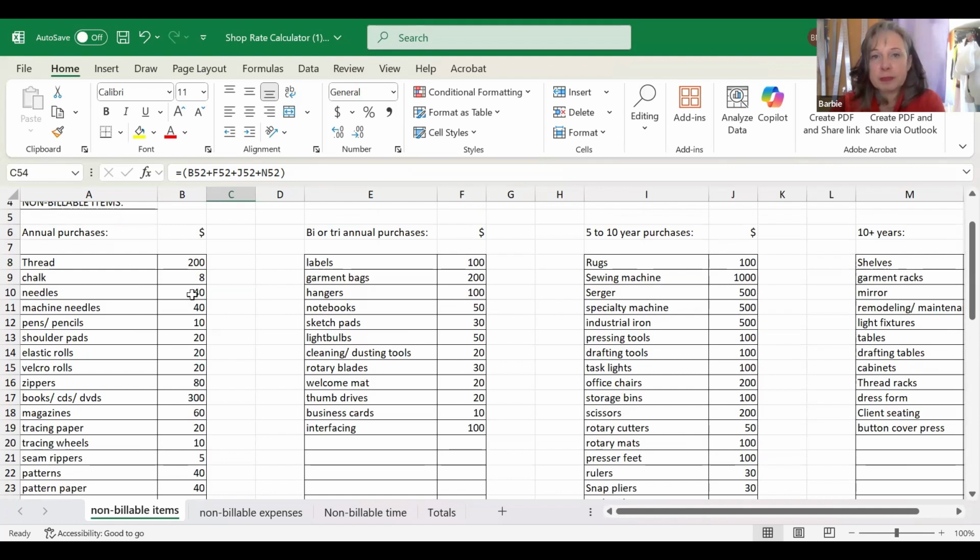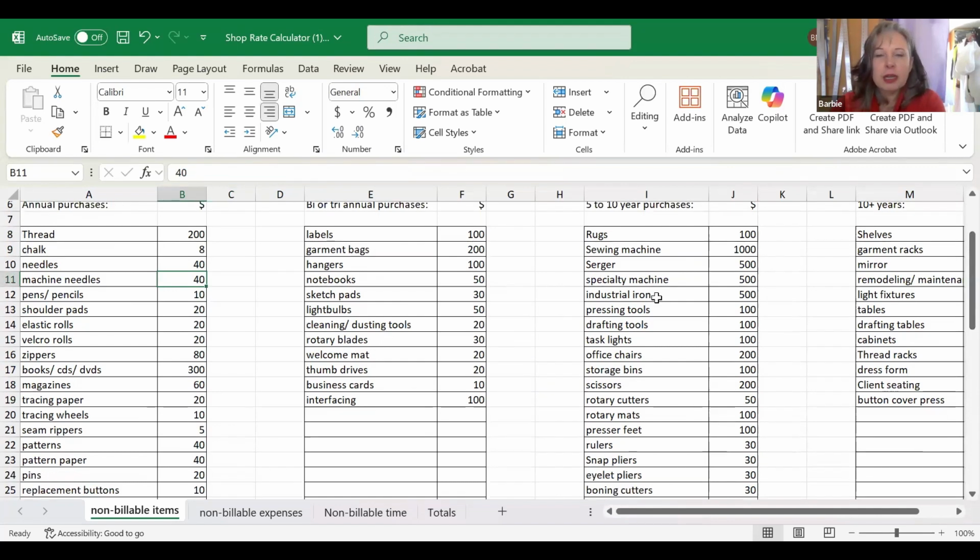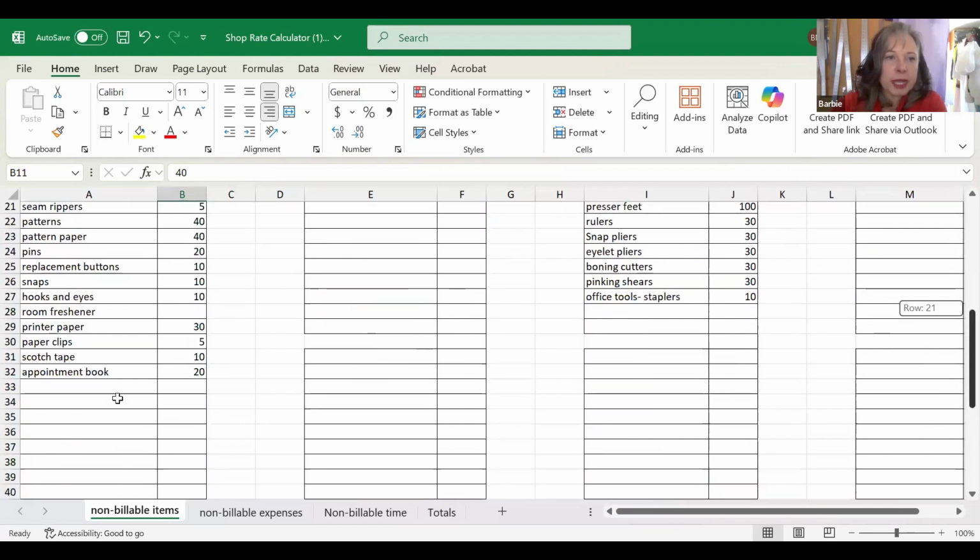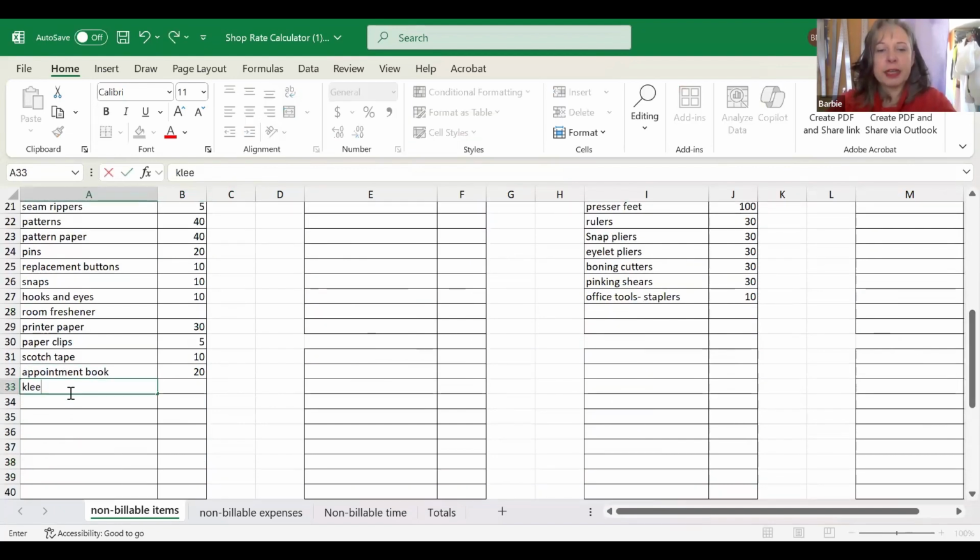Like, how much do I really spend on chalk or machine needles or other things? Especially, go down these lists and it'll probably jog your memory on other things like, oh, I also, here's the thing for my clients, I provide Kleenex and I provide bottled water for my clients in case they need it.